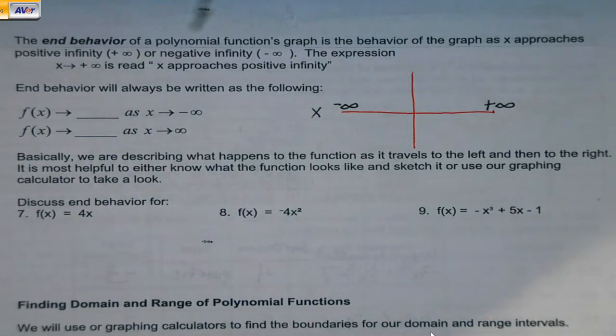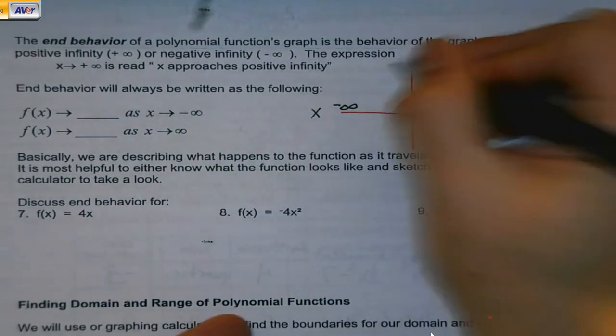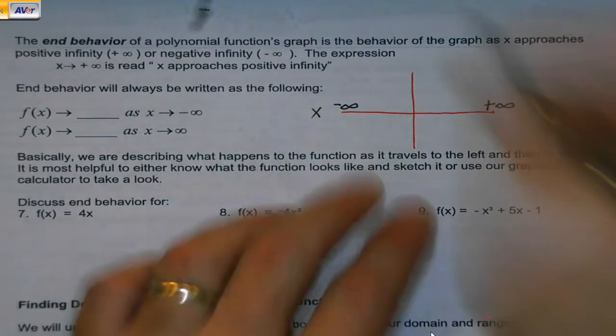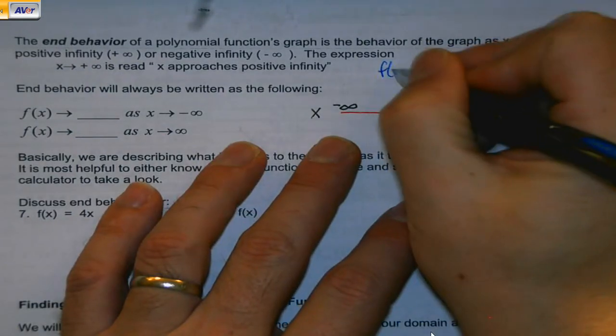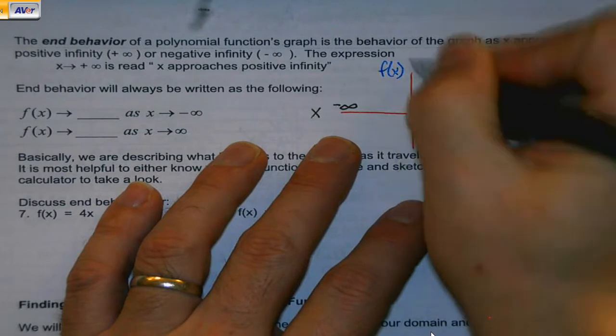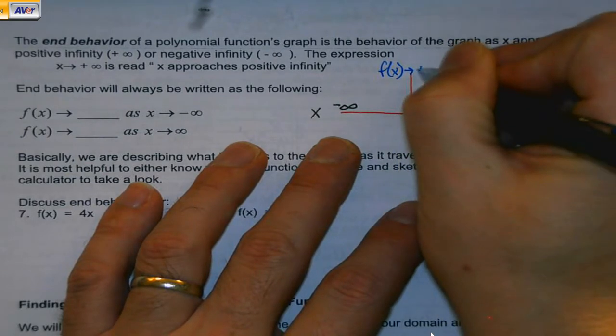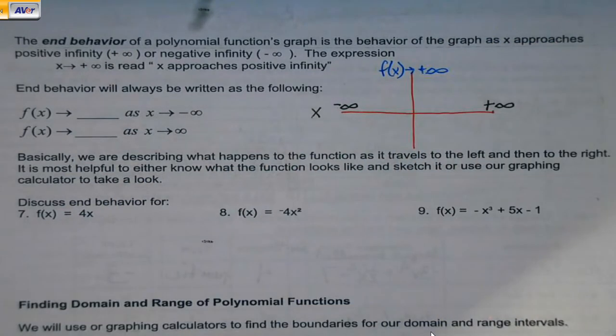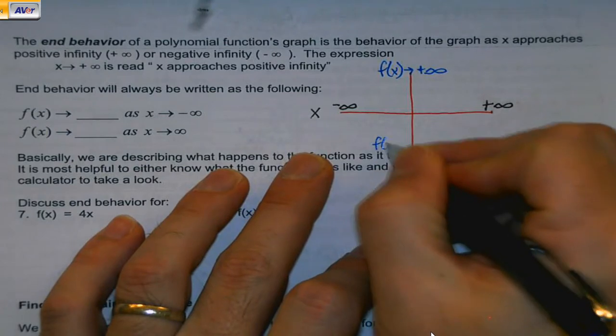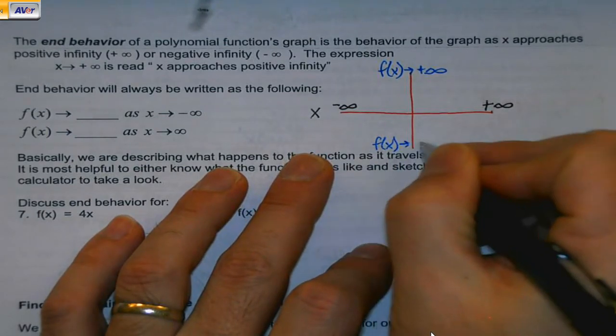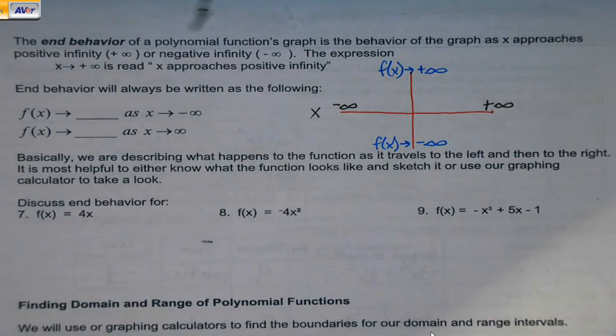And the same type of thing happens with my f of x, which I'm going to refer to here instead of y. As we go up on the y-axis, f of x gets closer and closer to positive infinity because the y values are getting bigger. And on that same y-axis, as I go downward, we're rolling on the negatives.